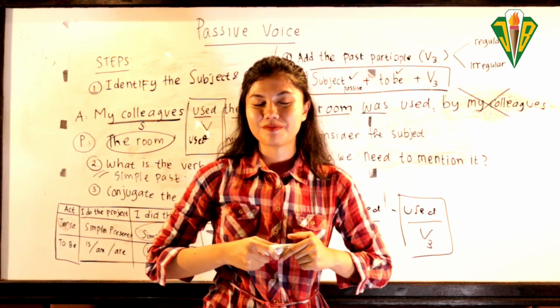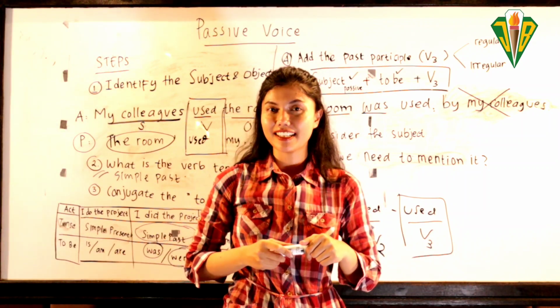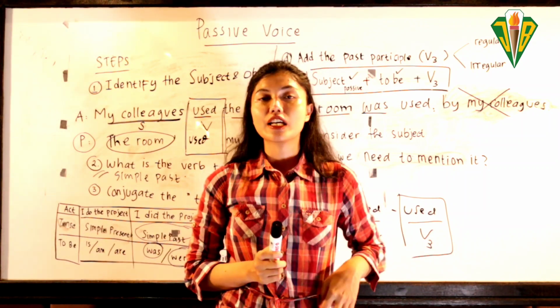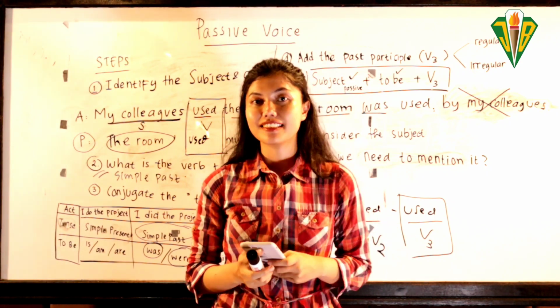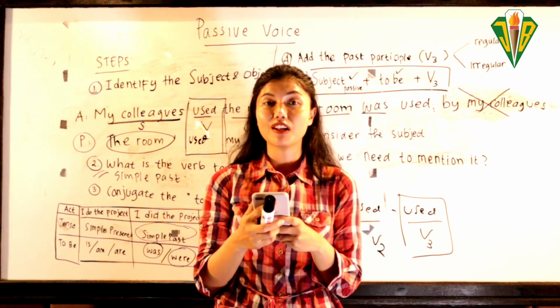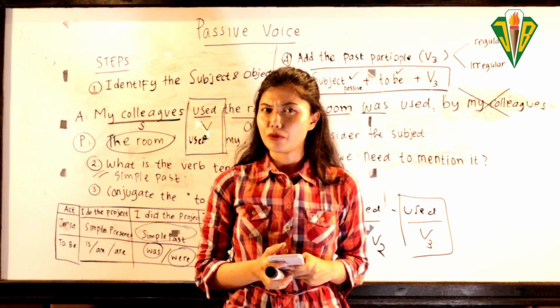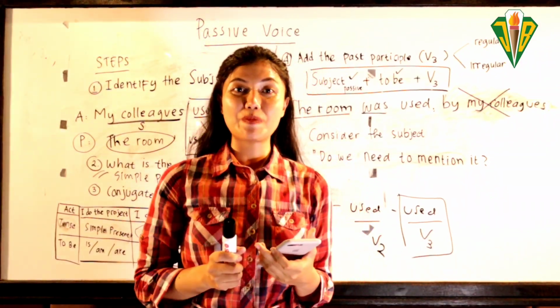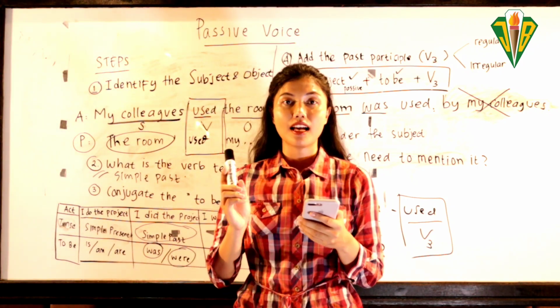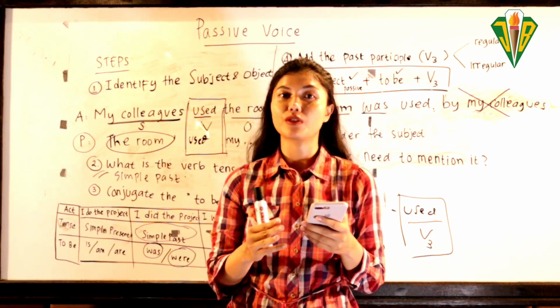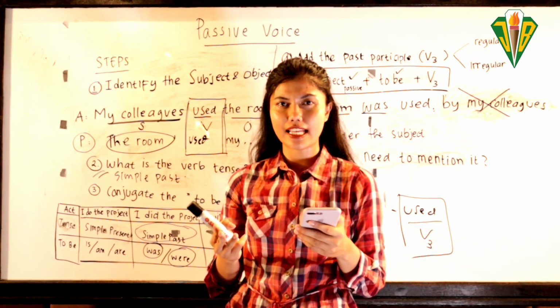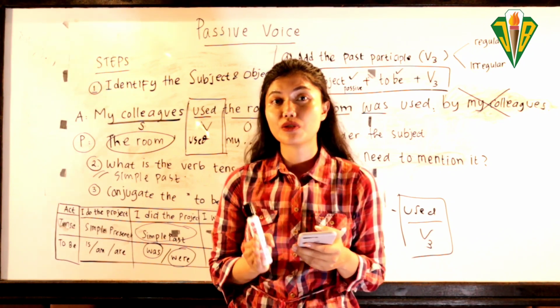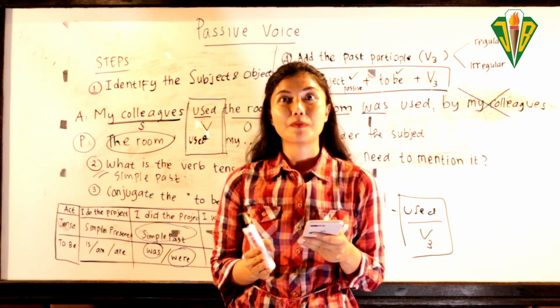How's the step? I hope that you can understand it better. But if you haven't, you can just rewind, replay it, and recall the material. Do you want to have some exercise? Alright, let's go to the practice. I have 3 active sentences, and what you need to do is to change them into passive.